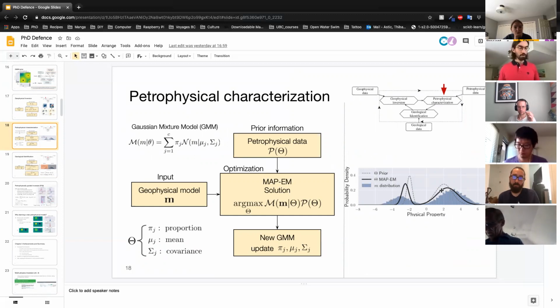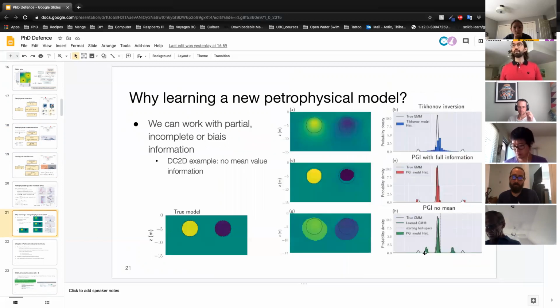What I show in the thesis is that this is the result I get with 0 weight for the true physical properties. But if I put additional weight on a mean outside of the geophysical inversion, it slowly pushes it to the true distribution. So there is a continuum here.